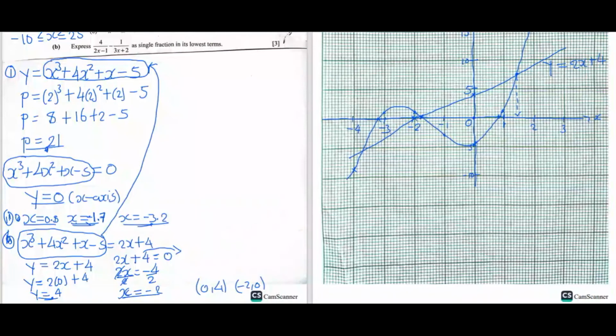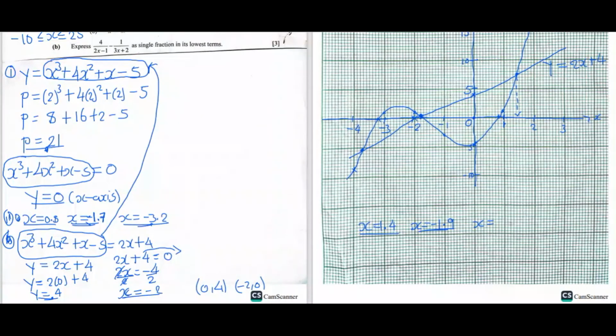So our first value of x there is, this is 1, 2, 3, 4. So it's 1.4. Then let's look at the other x value. So the other x value is just here. So here is almost negative 1.9. Then the third value will be here.